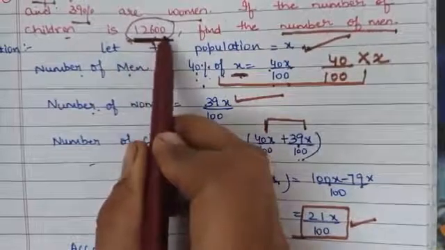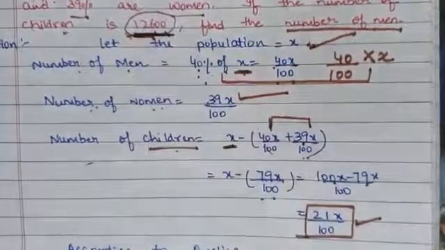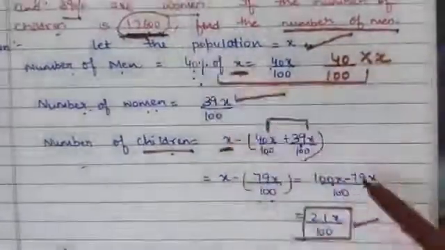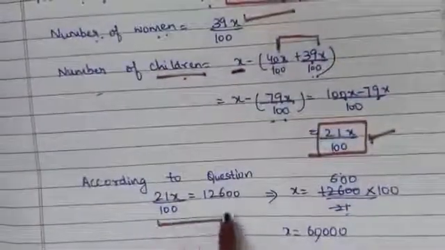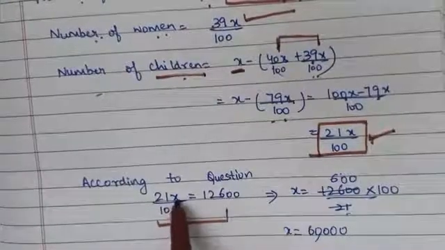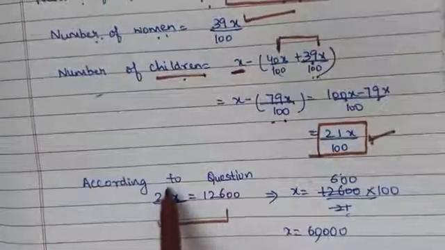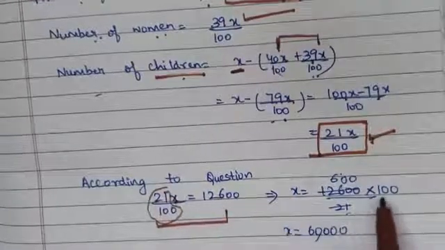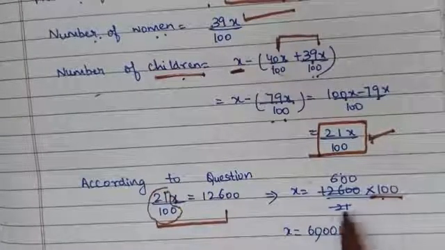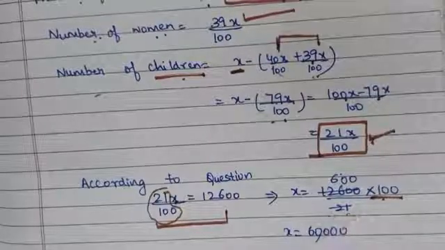Now students, this is the number of children which is already given to you, 12,600. So according to the question, they must be equal. So put them equal. Now x will remain here. This 21 upon 100 will go there and form 100 upon 21.